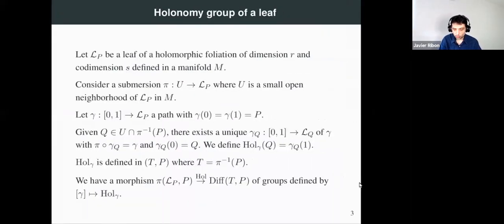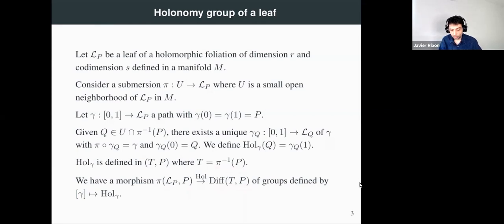Okay, so we have a map that associates to loops at the point P local biholomorphisms defined in pi minus 1 of P in a neighborhood of P. These maps are invertible because the maps associated to gamma and the inverse path of gamma are inverse of each other.